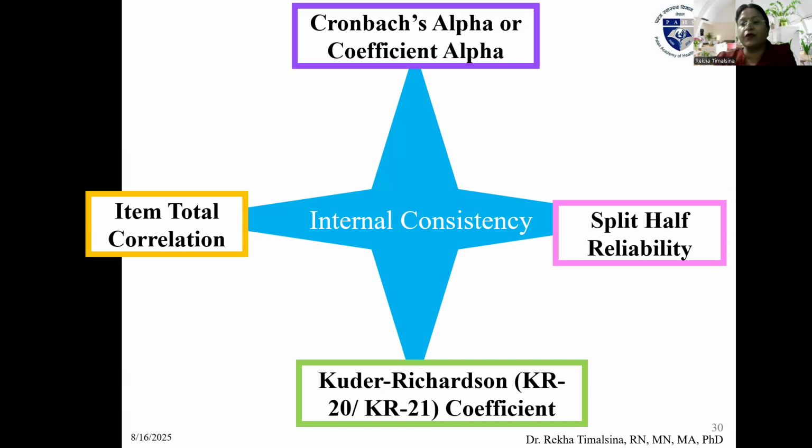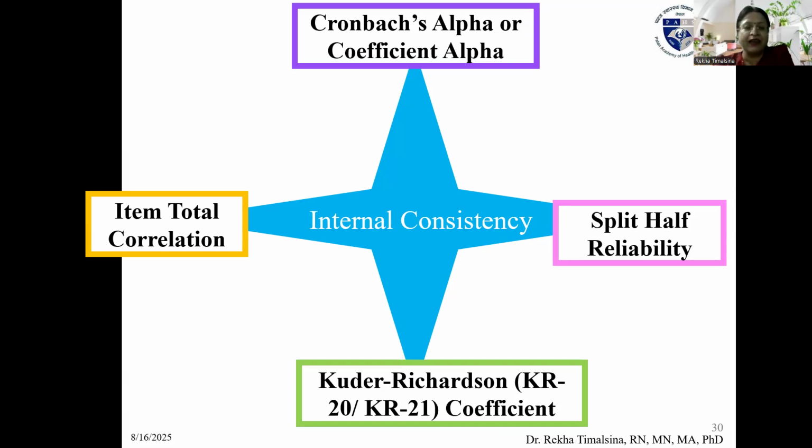Among these methods, Cronbach alpha is the most widely applied as it measures the average correlation among all items in a scale and is particularly suited for instruments that use Likert type questions.